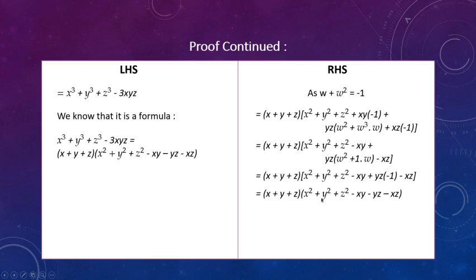So we have now x plus y plus z, x square plus y square plus z square minus xy minus yz minus zx, which is equal to left hand side x cube plus y cube plus z cube minus 3xyz. So our left hand side is equal to right hand side, hence it is proved.